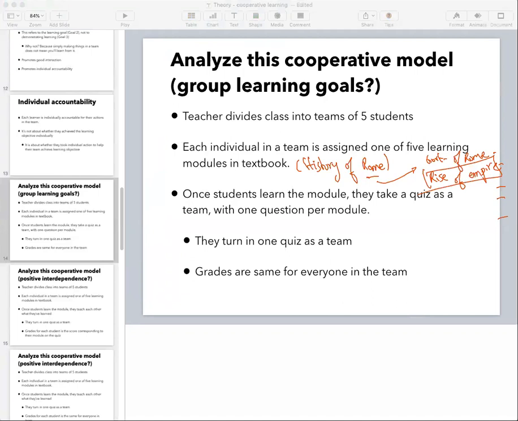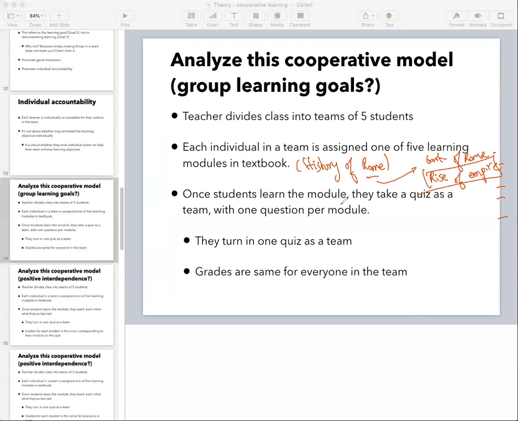Okay, hopefully you've decided whether this is or it isn't cooperative learning. I will argue here that, in fact, this is not cooperative learning, because what's happening here is that students are learning a module, but they're not required to help other people on the team learn the module, right?